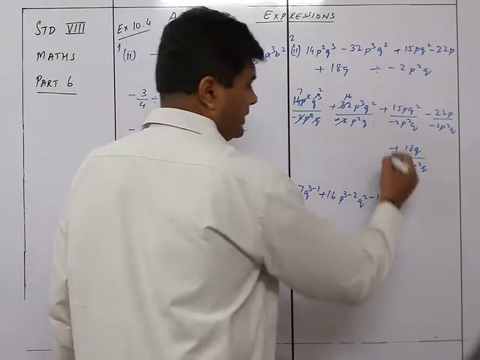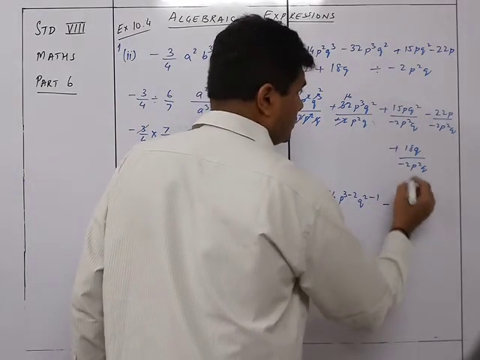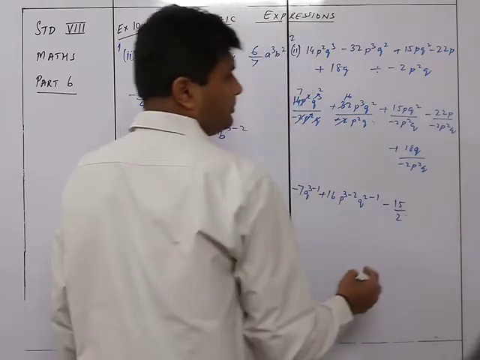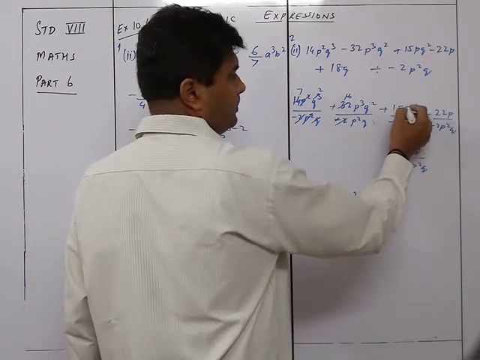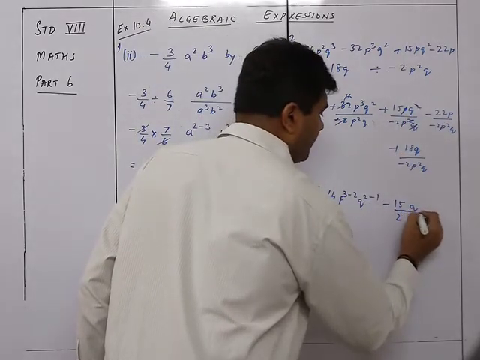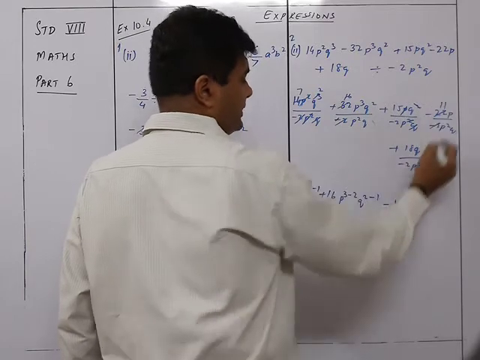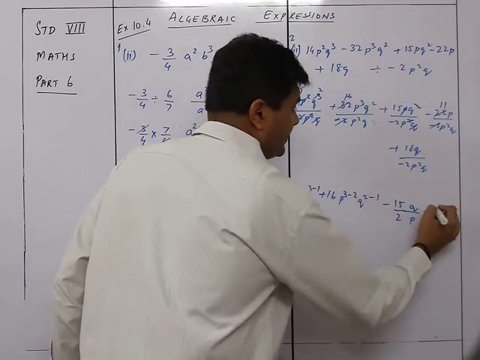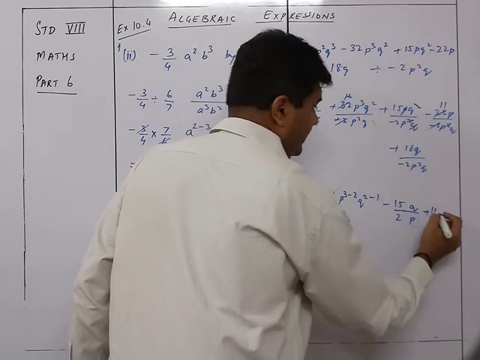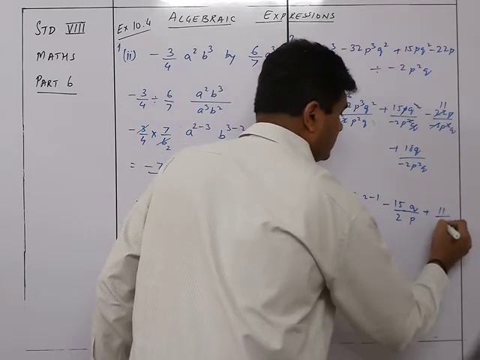Then what we have over here is minus 15 upon 2, and p cancels with p and q cancels with q, so it will be q upon p. Here it is cancelled with 11, so it is plus 11, and p cancels with p, so it will be 11 upon pq.